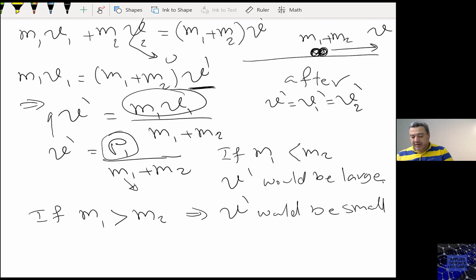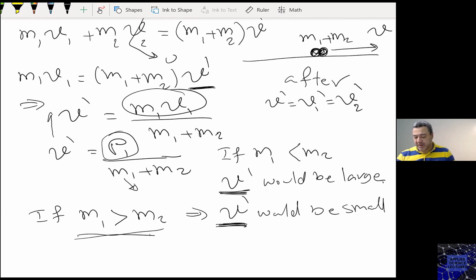So in summary, if the mass is small and the velocity is high, this results in a faster velocity for you if you got hit. If he has bigger mass and low velocity, with the same momentum in both cases, then your velocity is going to be small.